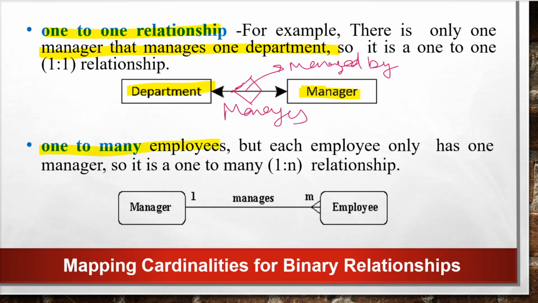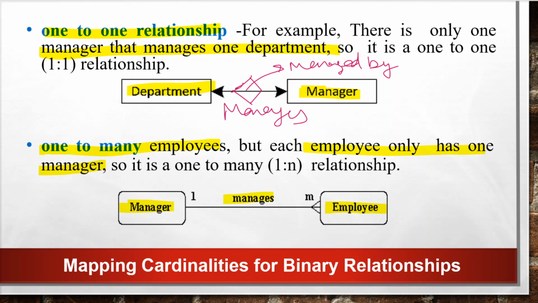In a one to many relationship, one entity is involved from the left side and many entities are involved from the right side. For example, in the employees table, each employee only has one manager. So multiple employees are managed by one manager, or we can also read it as one manager manages multiple employees.